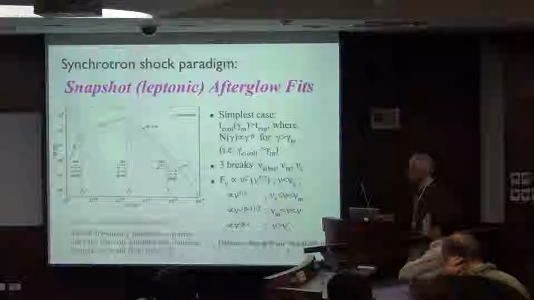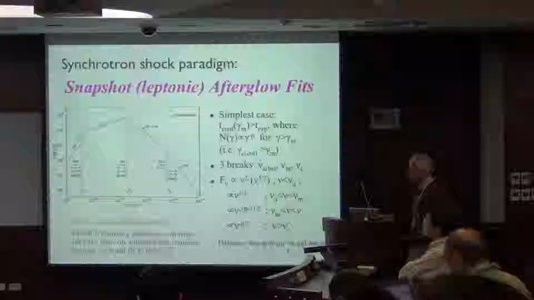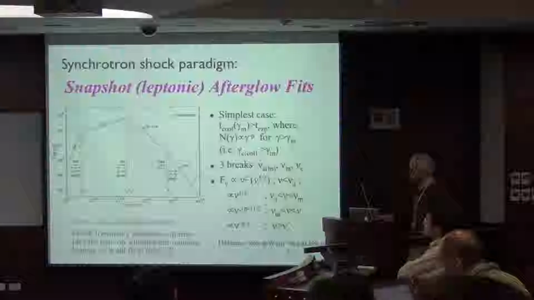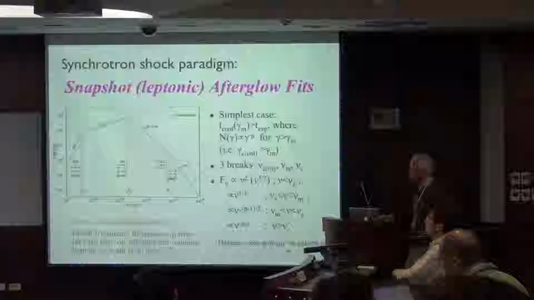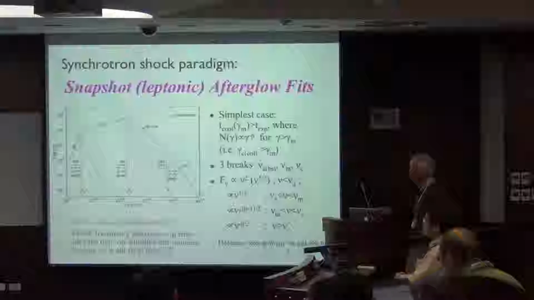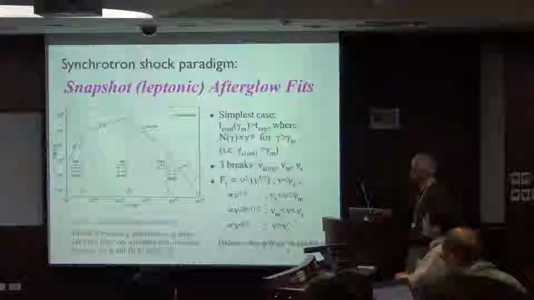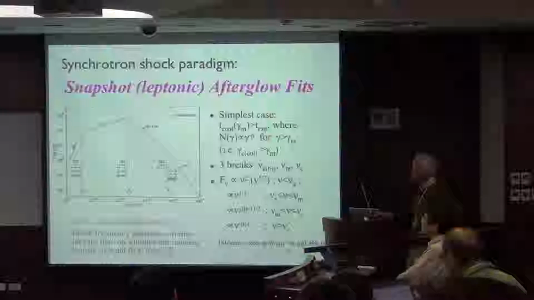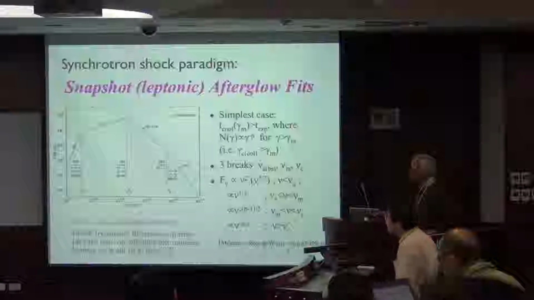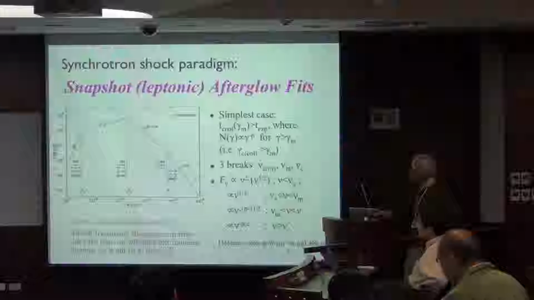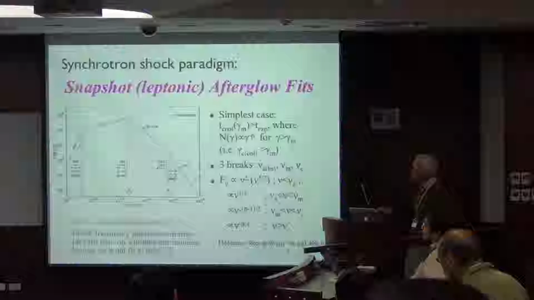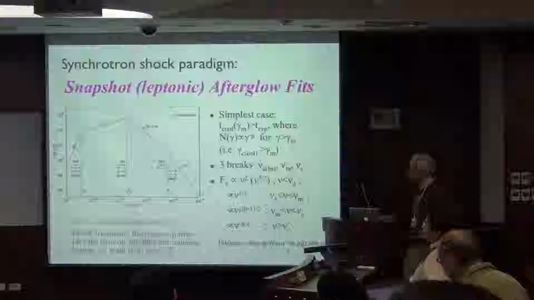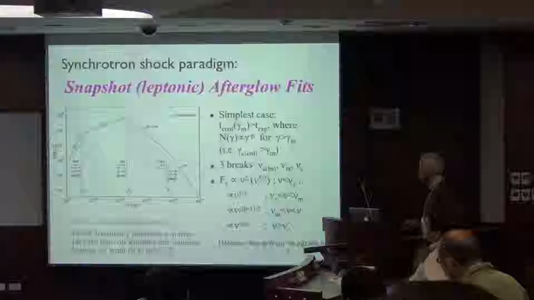Above that there are power law electrons, extending from gamma min to some gamma max, and that gives you this power law here. That's the cooling break. The low energy asymptote, if you're plotting flux as a function of energy, is energy to the 1/3. And then there is self-absorption.